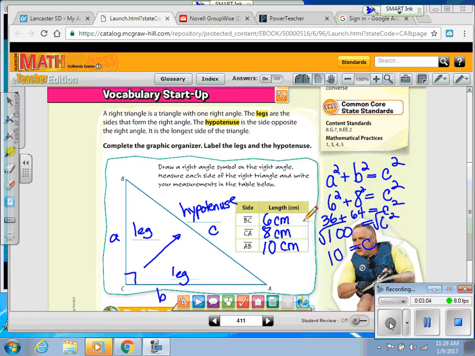Okay? And it's a right triangle. The other thing that you should remember is if you know all of the lengths of the triangle, of the hypotenuse and both the legs, you'll be able to tell if it is truly a right triangle by squaring and adding the legs. It should equal the square of the hypotenuse. Okay? So that's one way to prove it.